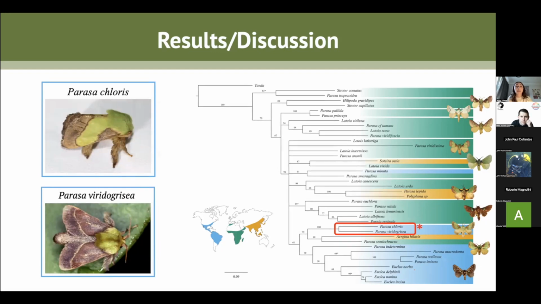And despite looking pretty similar, I think this really emphasizes the importance of not just considering wing color when we're placing species in the same genus. From the phylogenetic results, these two are clearly very closely related, while species that look considerably more like chloris with the green and brown forewing banding are less similar in the DNA. So we just need to make sure that we are using integrative taxonomy when we're placing species in a certain genus.